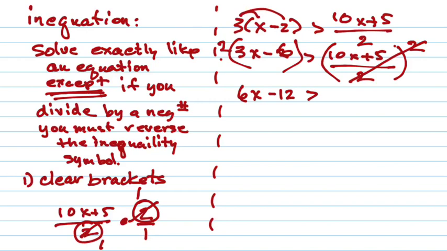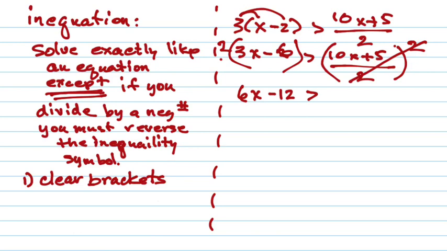And do you multiply by 1? Nope. Doesn't do you any good, right? So what's going to happen is if you're multiplying by the same number as the denominator, that's simply going to eliminate the fraction. So that's going to give you your 10x plus 5. And now it's just a simple linear equation. All I have to do is get my x's on one side and my numbers where? On the other, okay? So, second part was to clear the fractions.